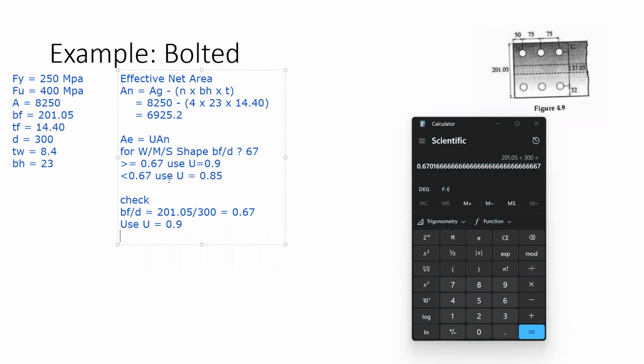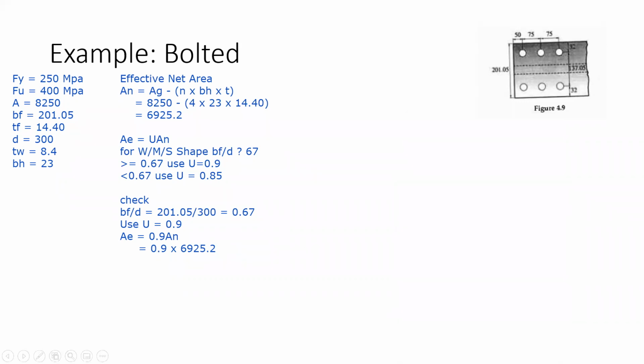So ang U na gagamitin natin is equal to 0.9. Therefore, the effective area is equal to 0.9 times AN. And we have solved the value of AN as 6925.2. So our effective area now would be equal to 6,232.68. Ayan. So that is the value of AE.